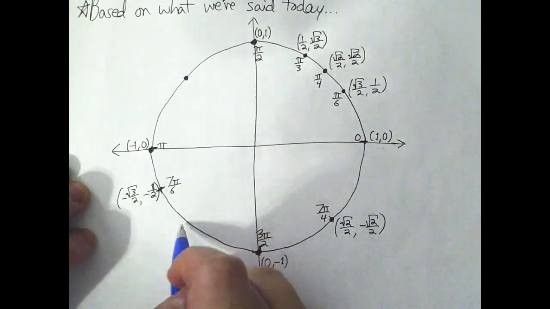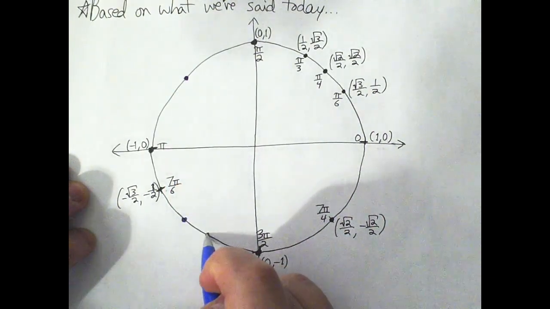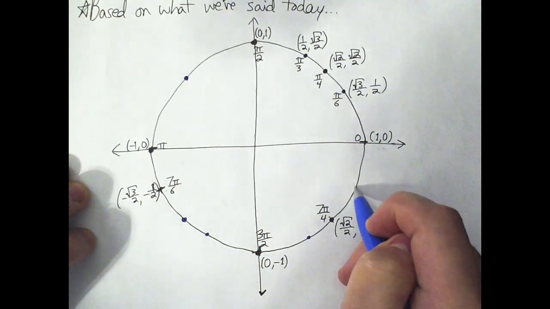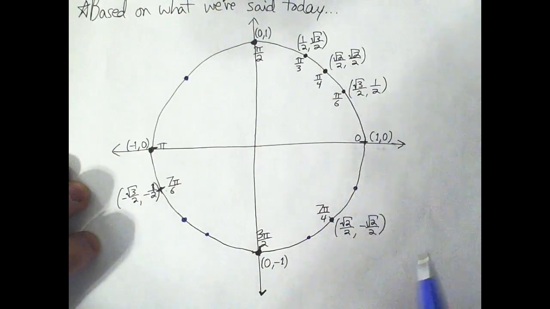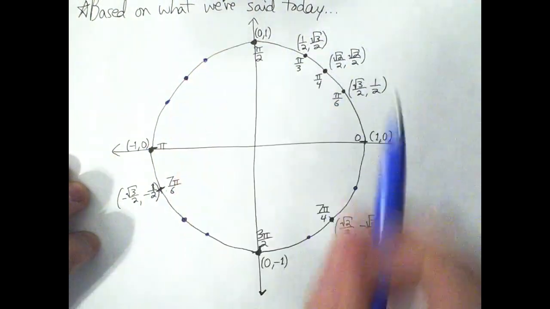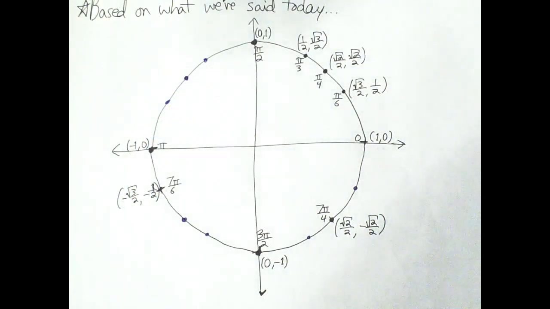I bet you could do the same to figure out this point here, this point here. You could figure out these using reference numbers of pi over 6 or pi over 3. I think you could label all of those points. I think you could find the t values and you could find the terminal points.